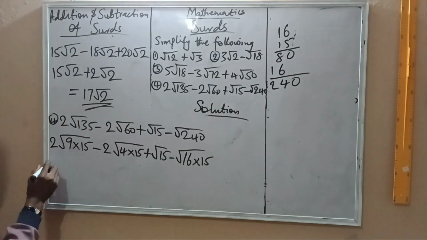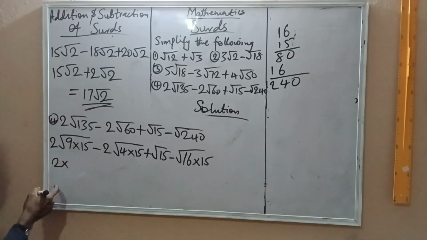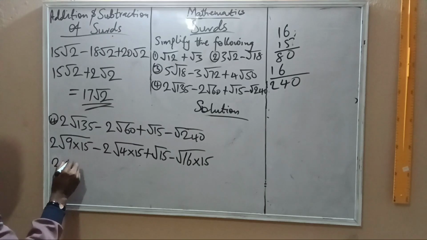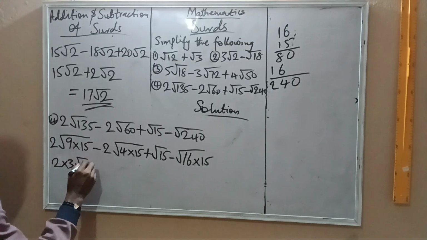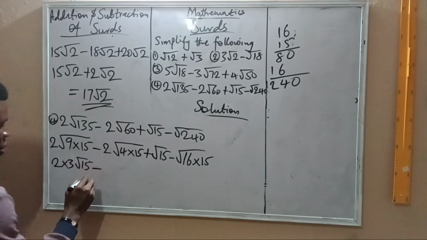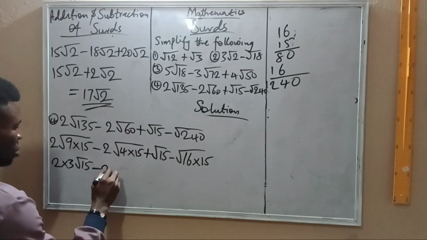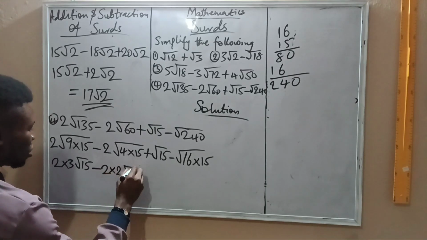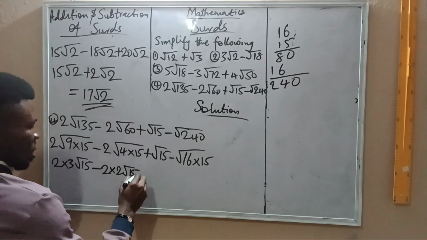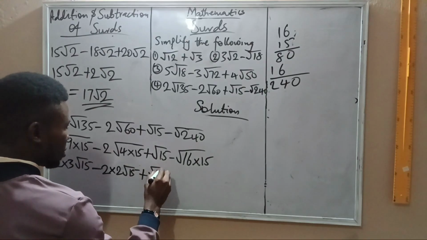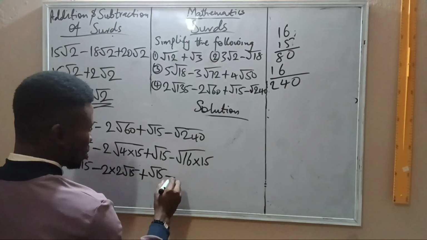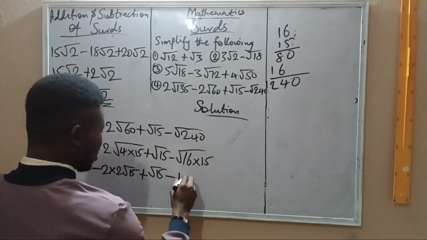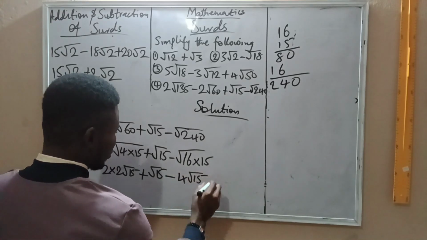And now from here, this is 2 times √9, which is 3. That means 3√15, minus 2√4, which is 2. That means 2 times 2√15, plus √15, and then minus √16 gives us 4. That means this is 4√15.